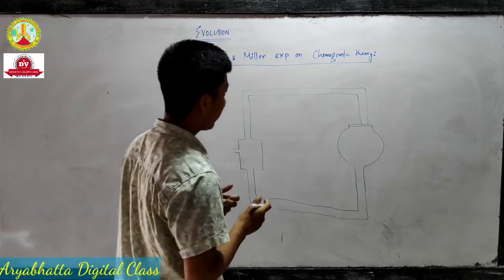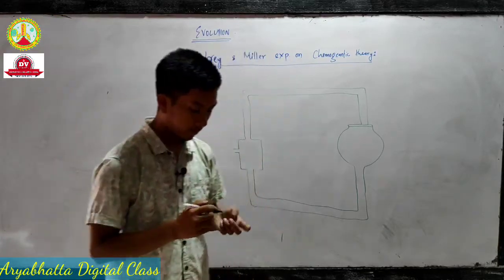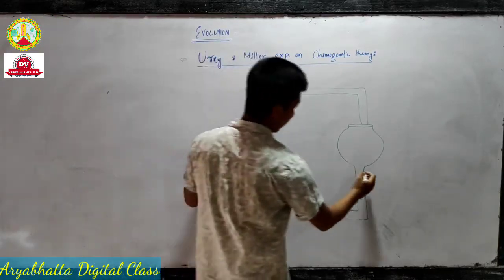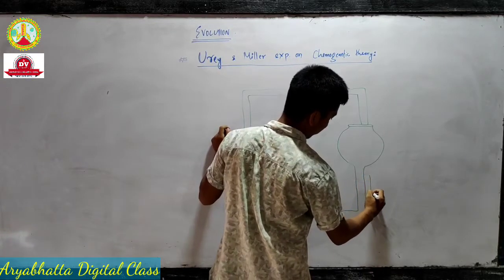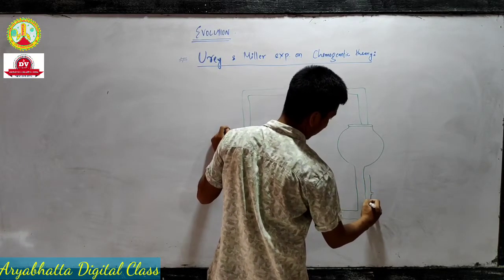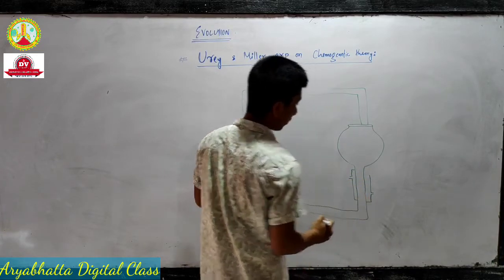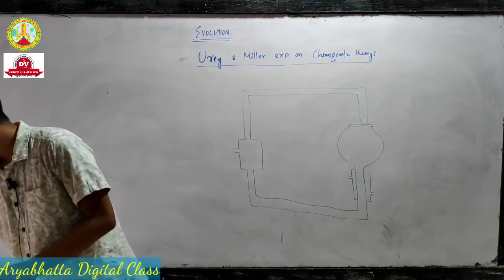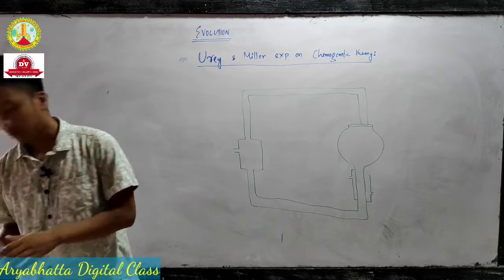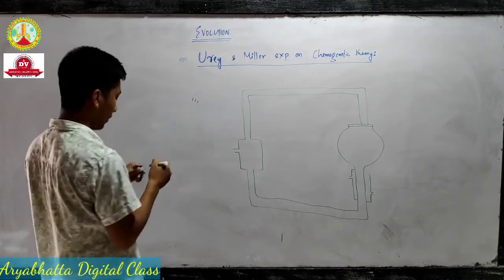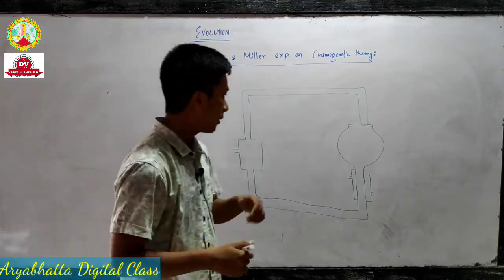So that was their experimental setup. I'm making it a simple diagram. If you want it in a more specific form, you can go through the NCERT book. But both are correct. It doesn't matter. Okay.